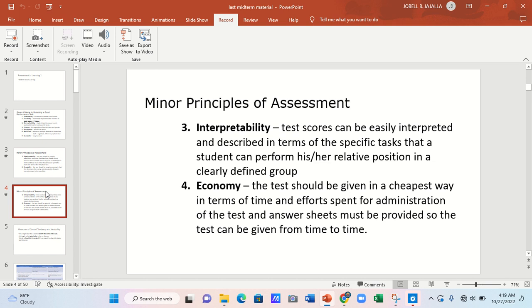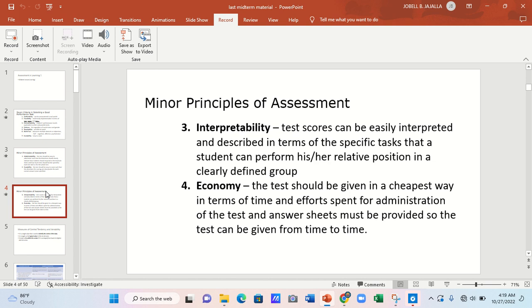So, ana lang na. Now, for number 4, economy, the test should be given in a cheapest way in terms of time and efforts spent for administration of the test, and answer sheets must be provided so the test can be given from time to time. So when we say economy, this is the cheapest way possible.